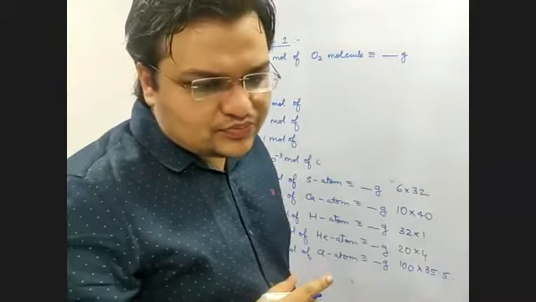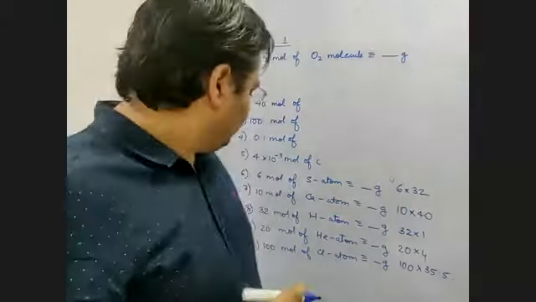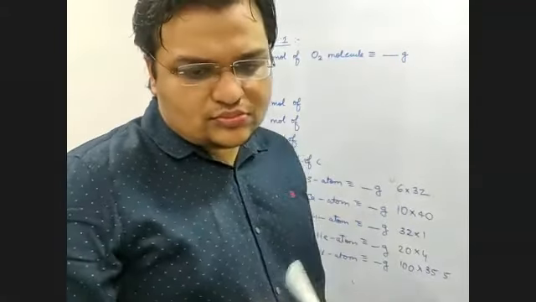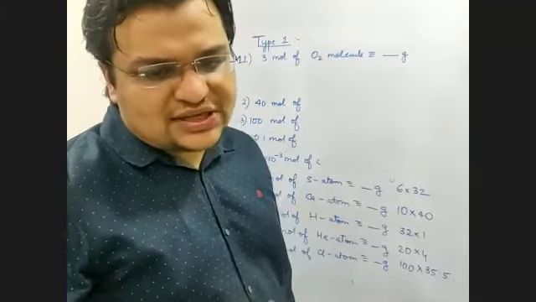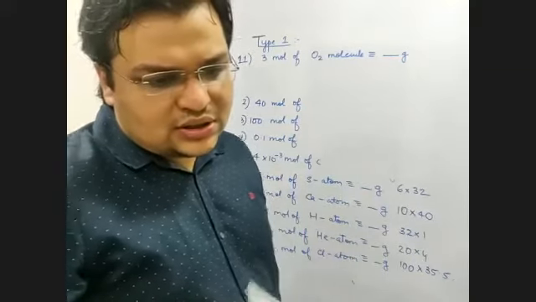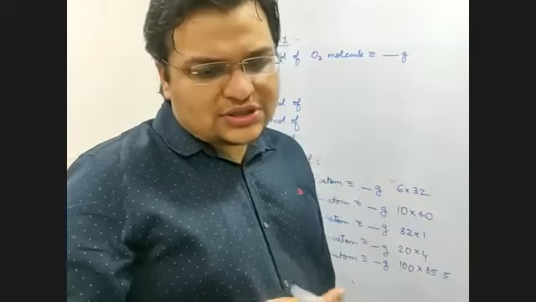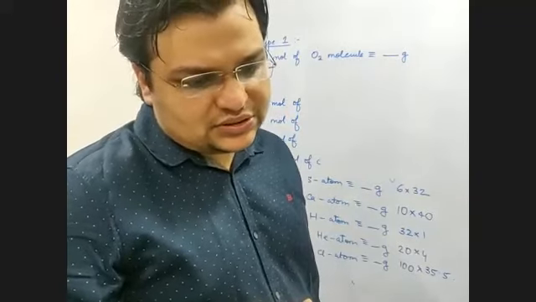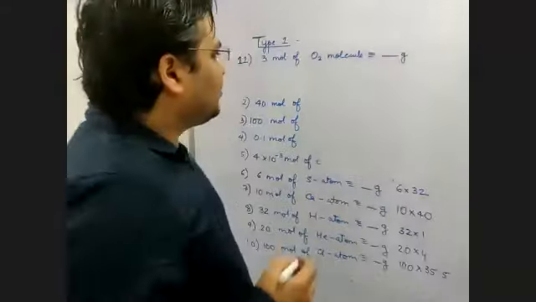Now, oxygen molecule weighs how much, guys? How much does an oxygen molecule weigh? 32 grams. An oxygen molecule weighs altogether 32 grams.